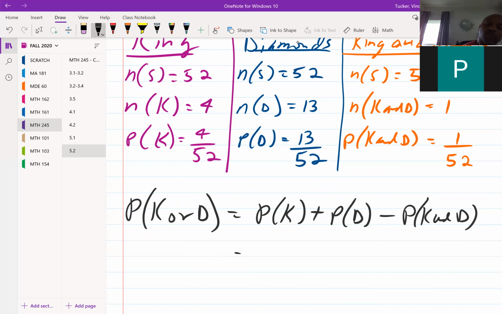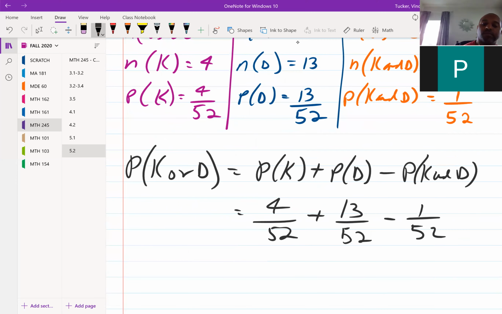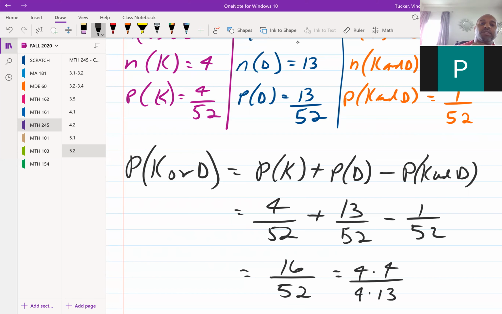So that's 4 over 52 plus 13 over 52, minus 1 over 52. That'd be 16 over 52. And that can reduce. That's 4 times 4, 4 times 13. The 4s cancel. 4 over 13.